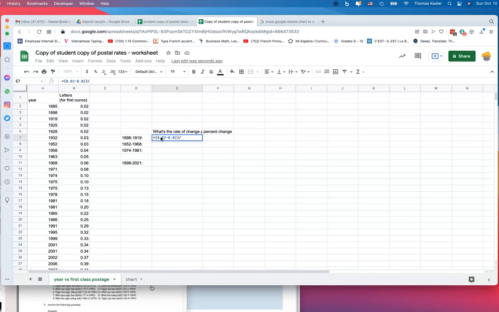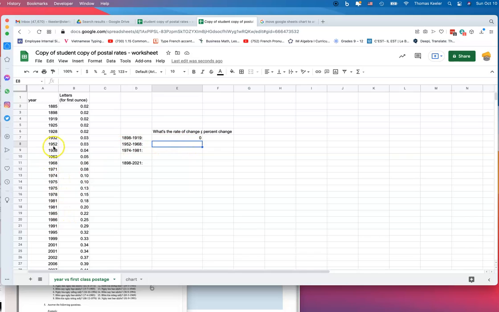So 1919 minus 1898. Let's see if that, oh, so I'm missing the parentheses there. So 0, what you'd expect. Okay, so let's do a different one.